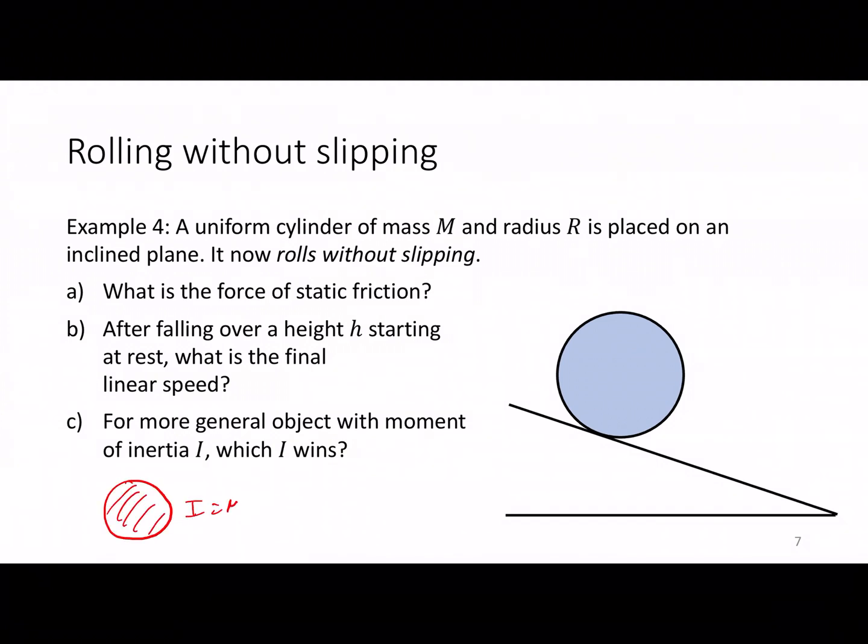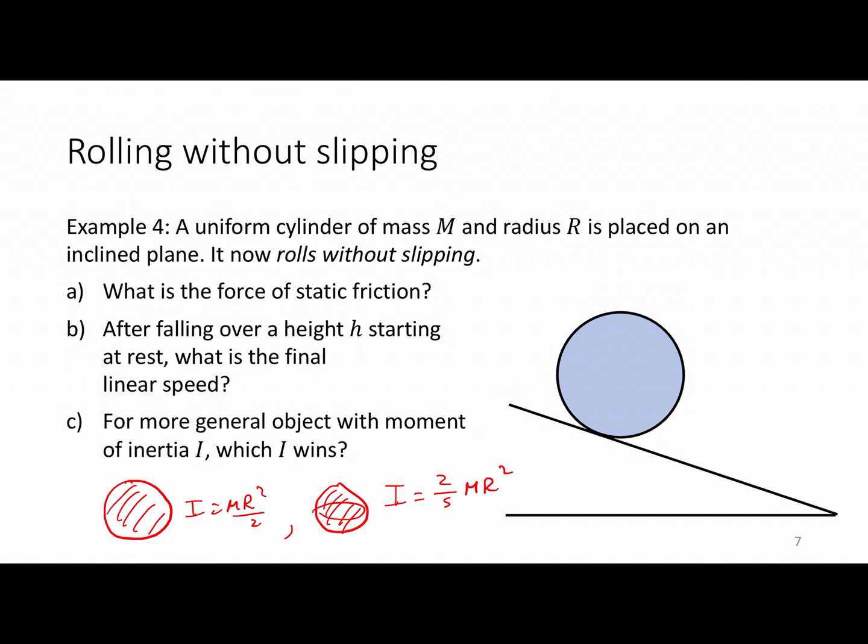I is equal to mr squared over 2. We have a sphere. So, it's the same thing, but it's 3D. About its center of mass, I is equal to, I think it's 2/5 mr squared, but don't quote me on that.